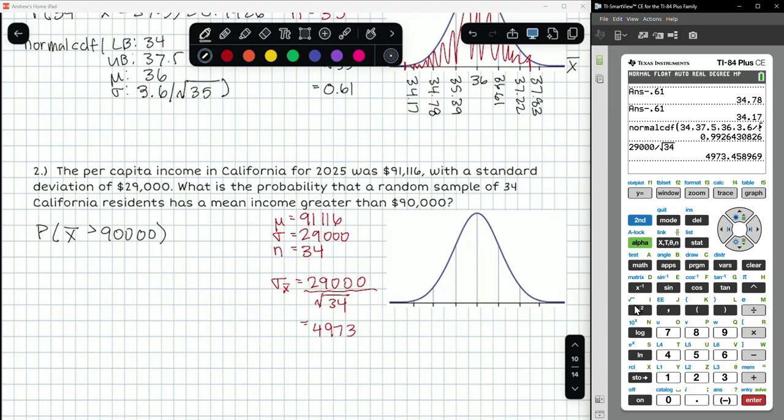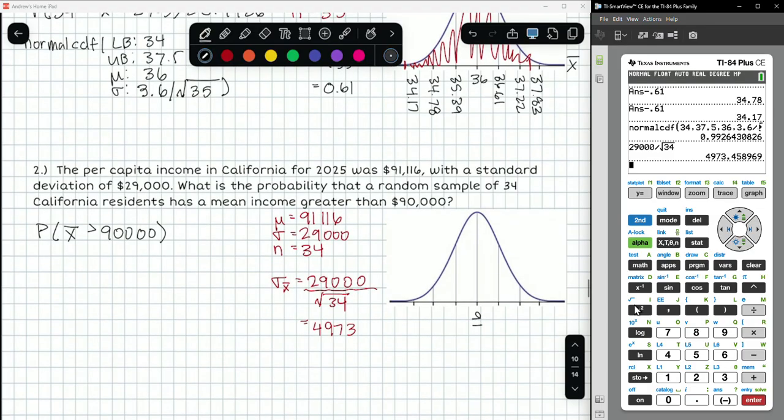For the purposes of labeling, our mean is 91,116. And then to that 91,116, I'm going to add 4,973. I'm going to pause this. You have to watch me do it, but that is how I'm labeling that whole curve.